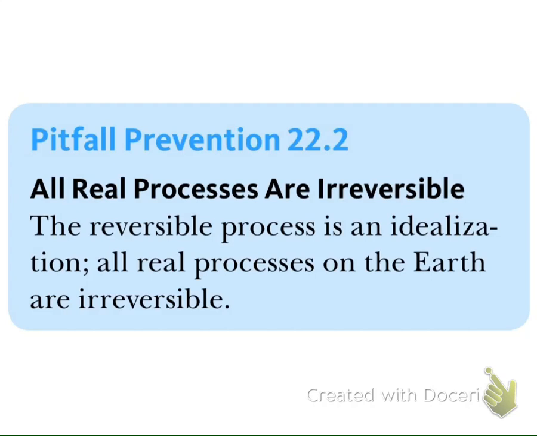So we can say that all real processes are irreversible. The reversible process is an idealization. All real processes on the earth are irreversible. But study of the reversible process is easier. So to understand at least qualitatively the process in the real world, we will look at the model.